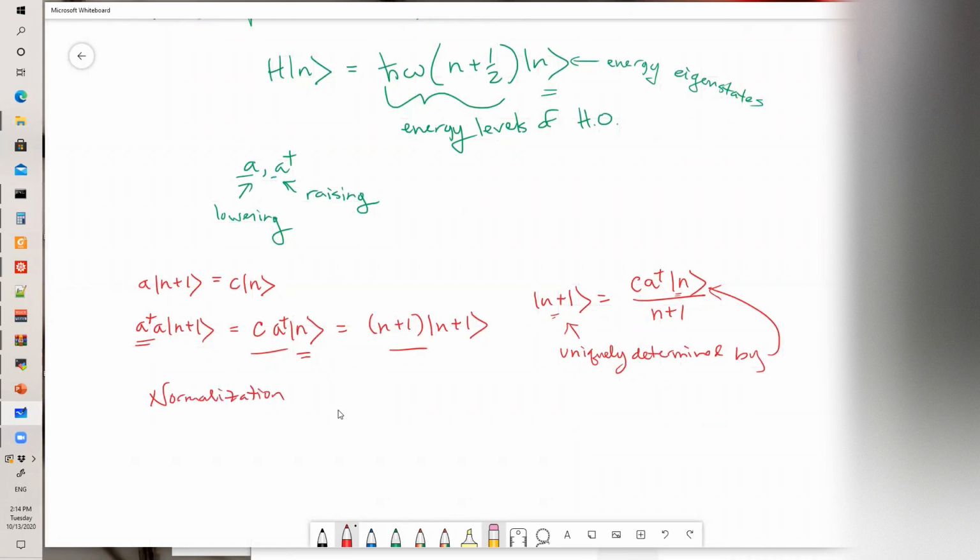Well, we know that, for instance, if we take the magnitude of A dagger n squared, then this is n A A dagger n, which should give us n plus 1 out front.